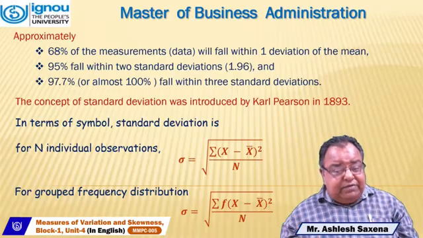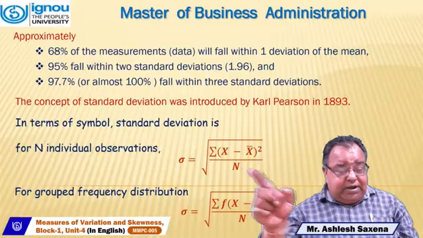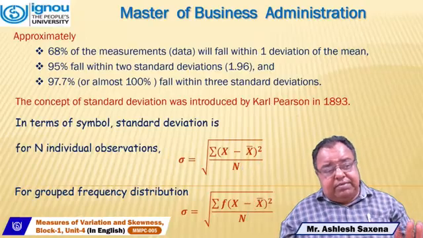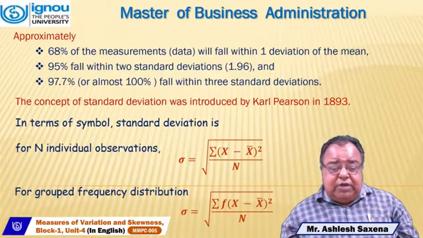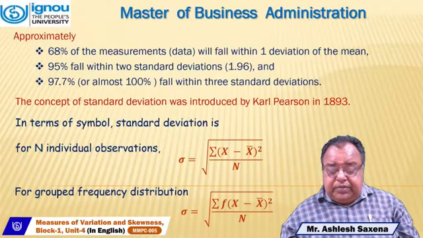You have to be very careful. Don't remove this square from under the root. This is what we will be evaluating, and we will see how it is evaluated. For grouped data, that means if frequency is given to us, it will be the under root of summation of f into x minus x bar whole square divided by n.